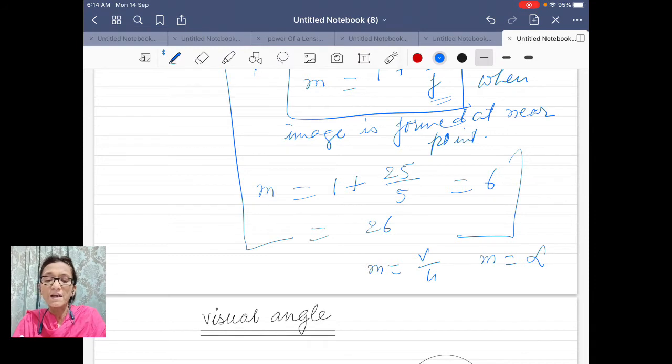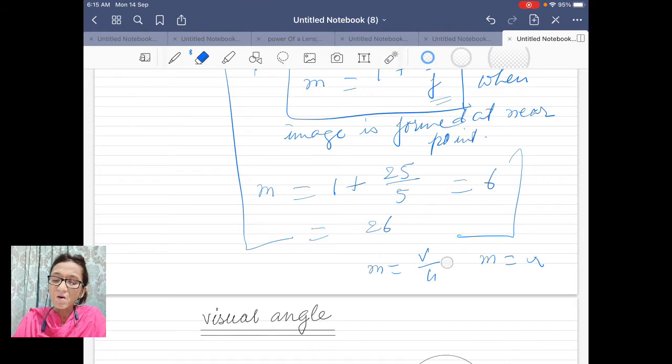Linear magnification is lost by doing this. So we will be doing angular magnification, for finding the magnification of the image when the image is forming at infinity.